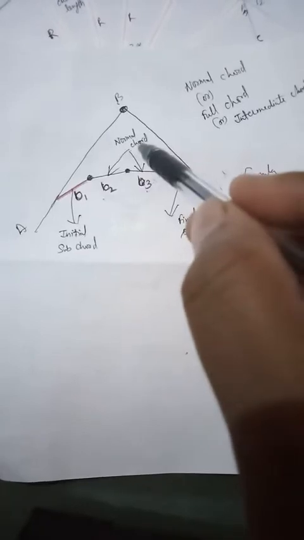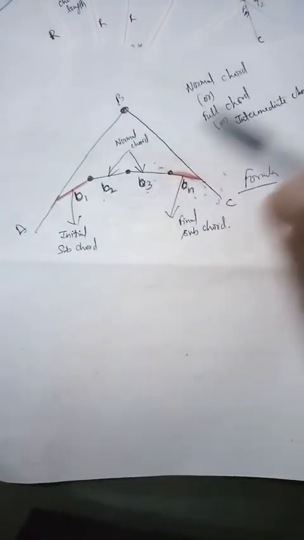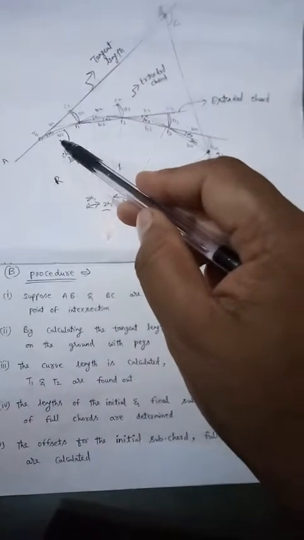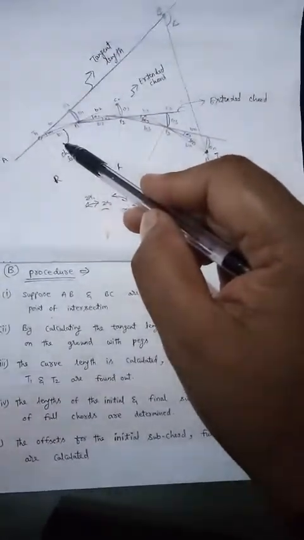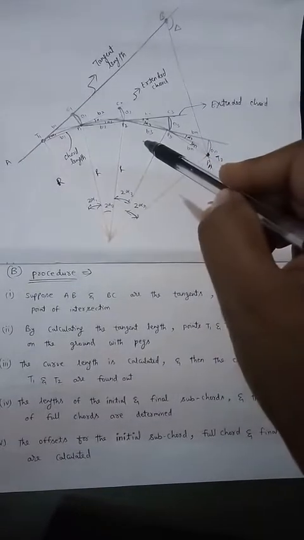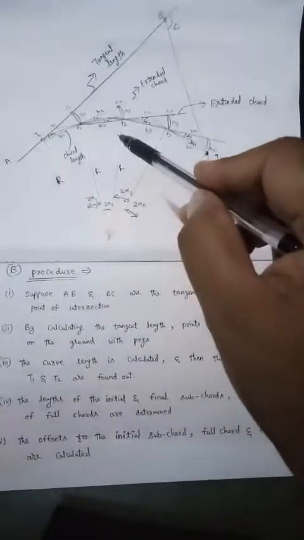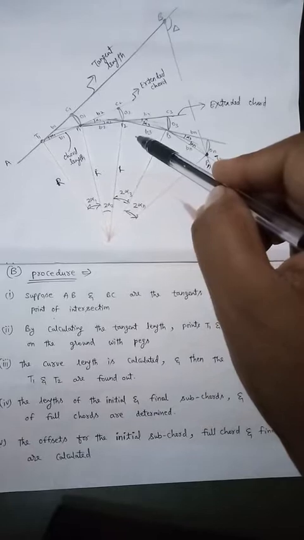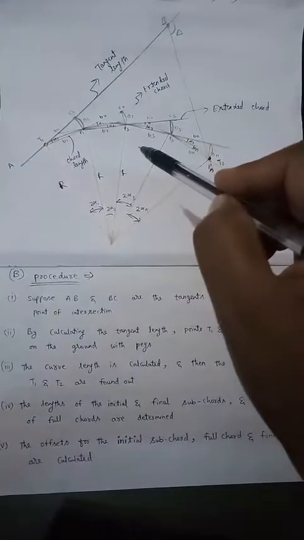In between, B2 is known as the normal chord. Some other names are also there: full chord or intermediate chord. So in this figure B1 is the initial subchord, BN is the final subchord, and B3 is the normal chord or full chord, also known as intermediate chord.